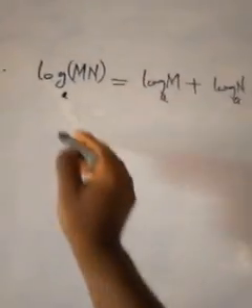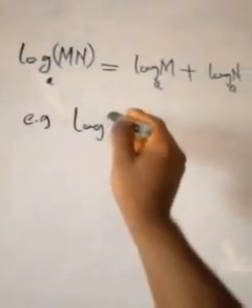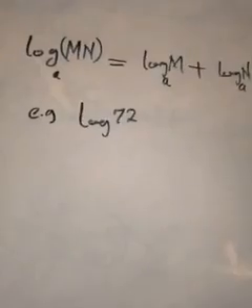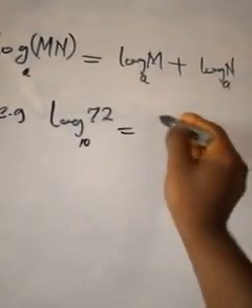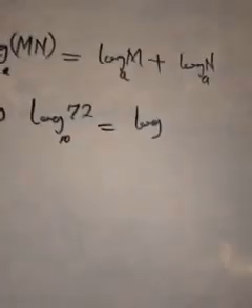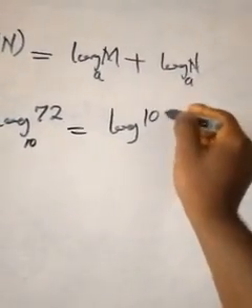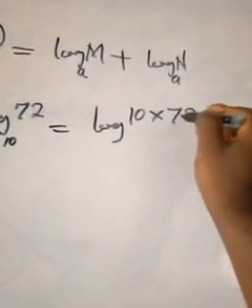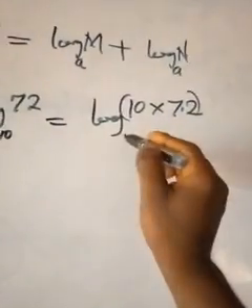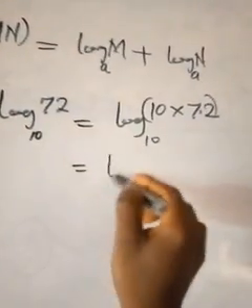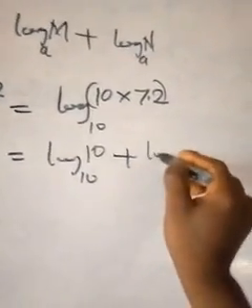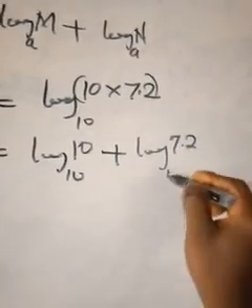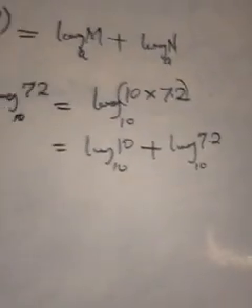For example, if we have log 72, maybe in base 10, it's going to give us log 10 multiplied by 7.2 base 10, which is going to give us log 10 base 10 plus log 7.2 base 10. This is how we simplify this one.